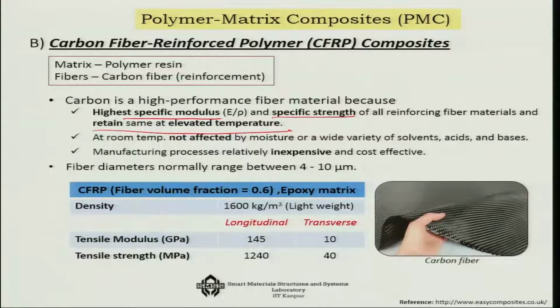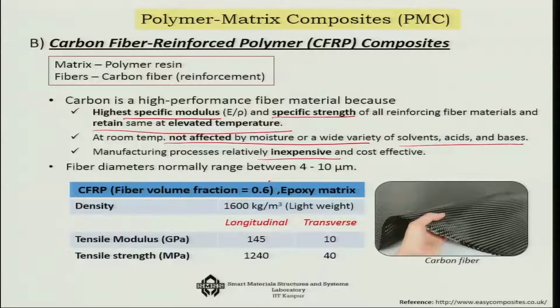GFRP by 200 degrees centigrade is of no use, whereas CFRP can be used to a much higher temperature. And at room temperature, it is not affected by moisture or a wide variety of solvents, acids and bases. But it is expensive, particularly the carbon fibers are expensive.